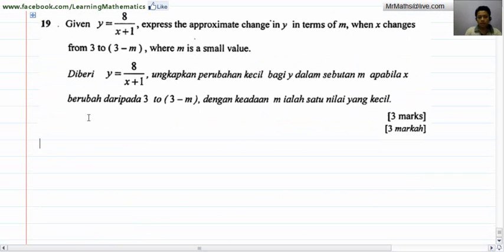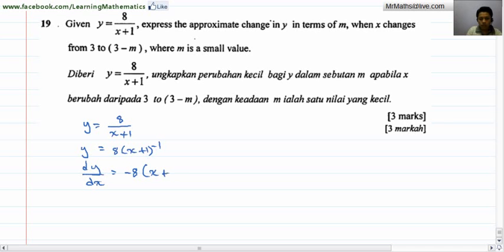Let's find dy/dx first. y is 8 over (x + 1), which is equal to 8(x + 1) raised to the power of minus 1. Then dy/dx is going to be minus 8(x + 1) to the power of minus 2, multiplied by 1.